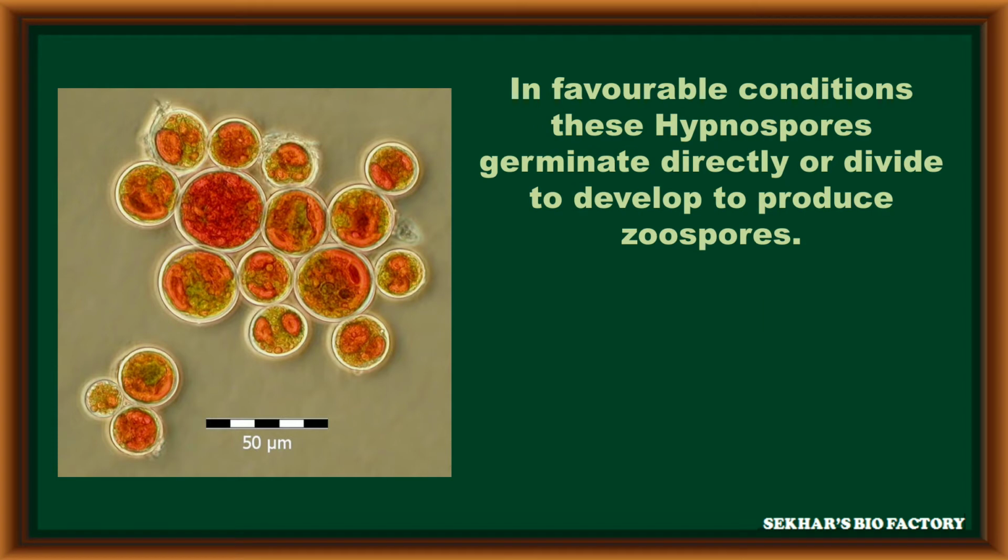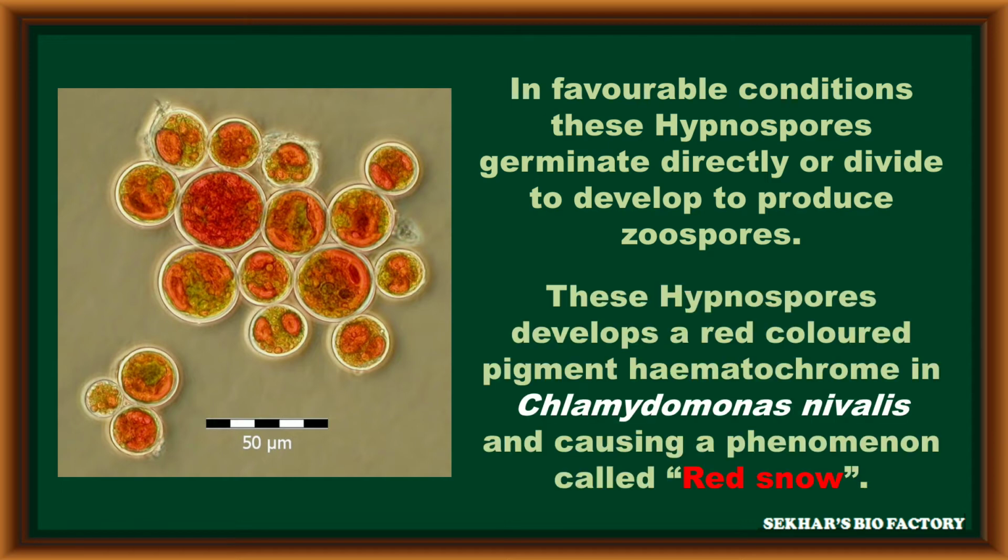In favorable condition, these hypnospores germinate directly and divide to develop zoospores asexually. A very important thing: these hypnospores develop a red colored pigment. It is called hematochrome. It is seen in one of the Chlamydomonas species, Chlamydomonas nivalis, and such phenomenon is called red snow because of the red color appearance.